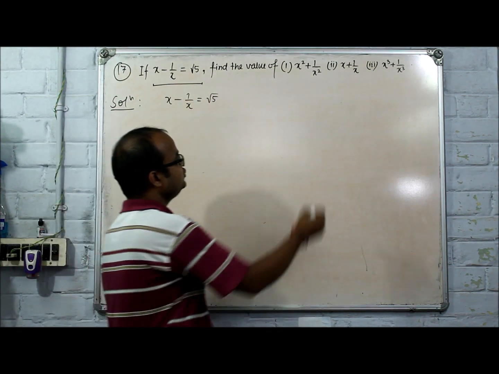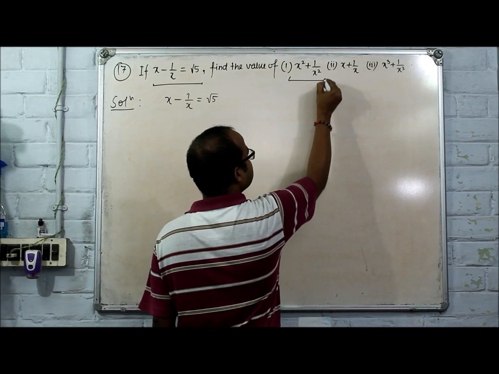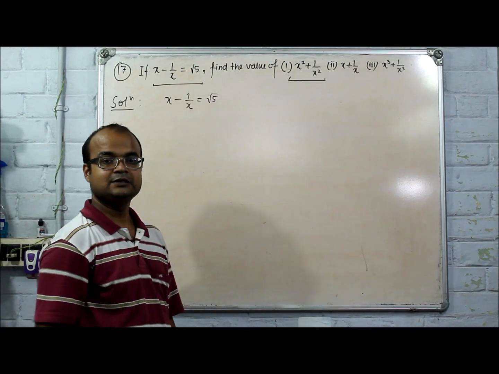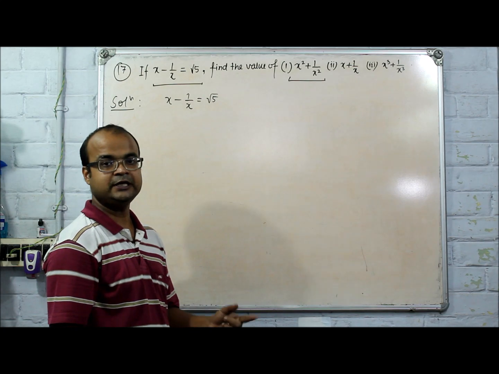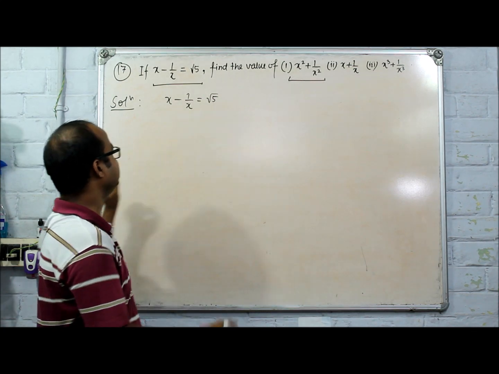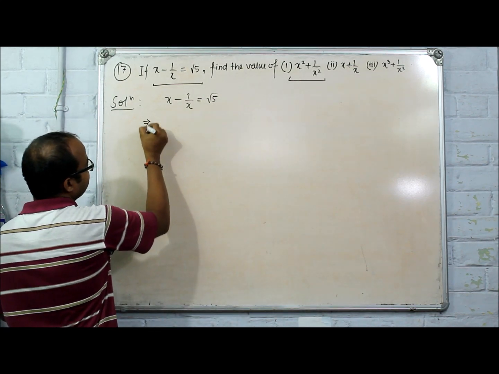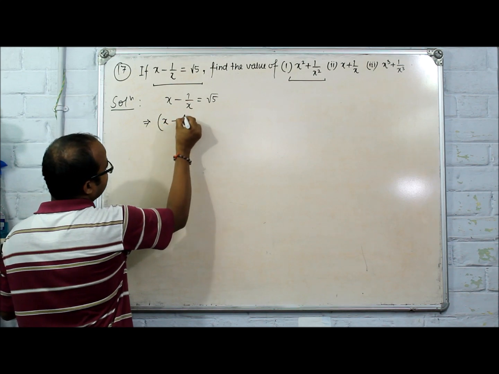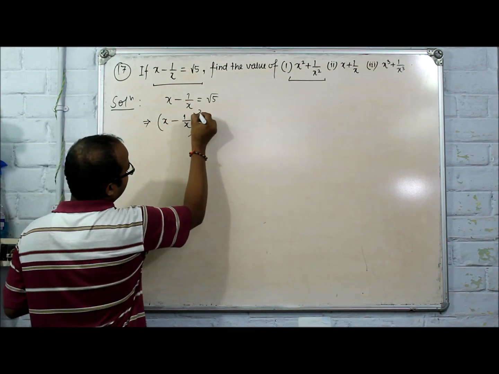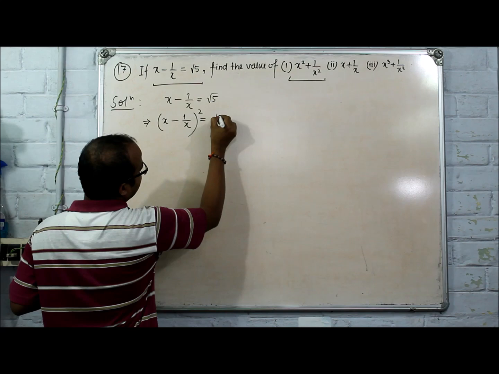To find out x square plus 1 by x square, the step we are following is that we need to square both sides. So squaring both sides means (x minus 1 by x) whole square is equal to root 5 square.